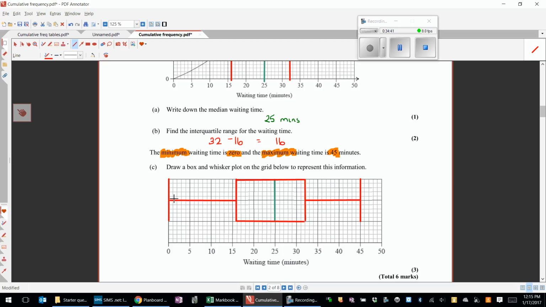Okay, so there's your box and whisker plot done. So we just transfer the information from our cumulative frequency to box and whisker plot. And that, as far as I'm concerned, is some of the easiest 6 marks that you're ever likely to get anywhere in any test.